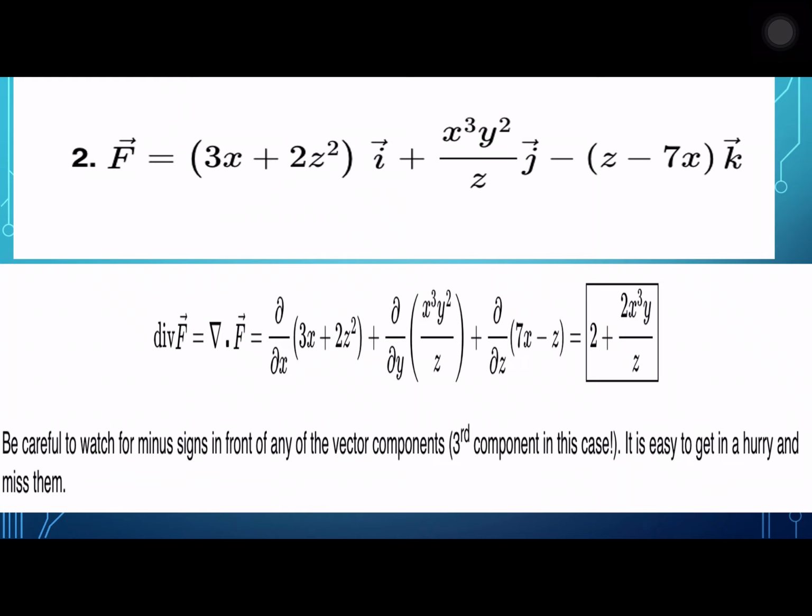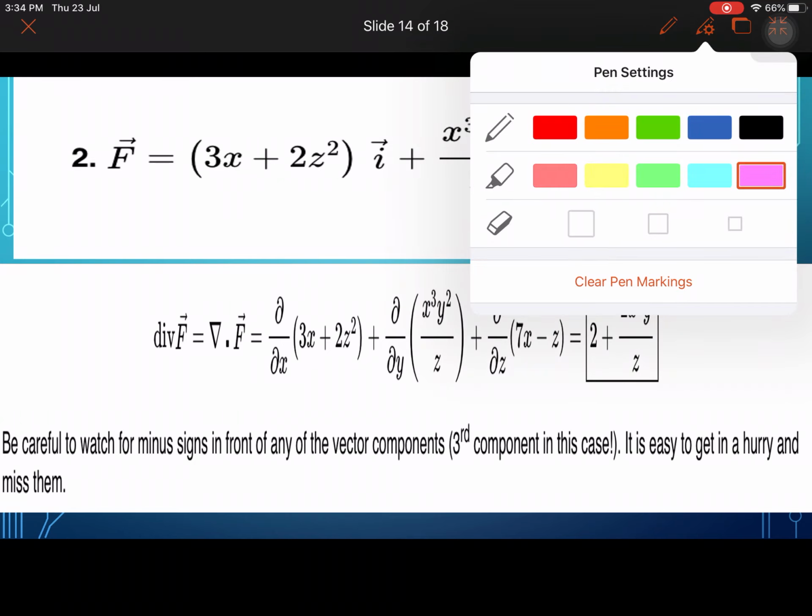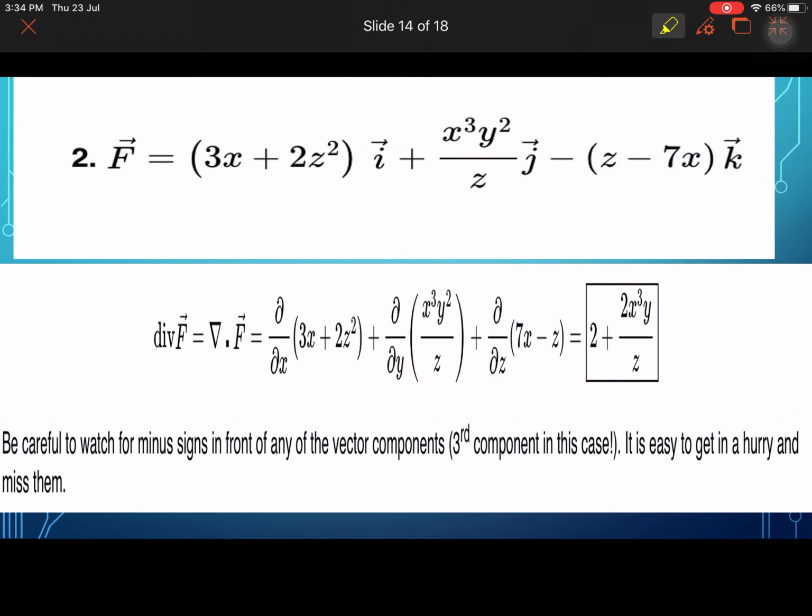So my dear friends, as I told you, this minus will give you 7x minus z. Here we are partially differentiating with respect to x, so dou by dou x of 3x plus dou by dou z of 2z square, and dou by dou z of 2z square equals 0.